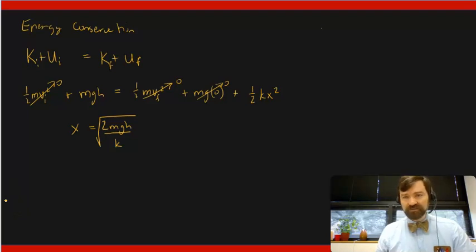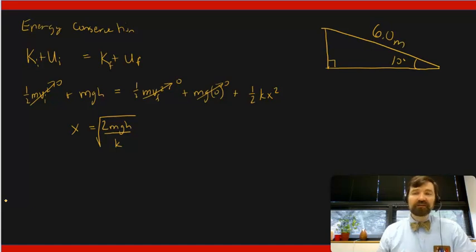And the answer is, well, this ramp basically makes this nice triangle, or part of a right triangle, in which I have this 10-degree angle of elevation and I have a 6-meter long ramp. So the height goes with this side. So we ask, how is this height related to this length of ramp and this angle?